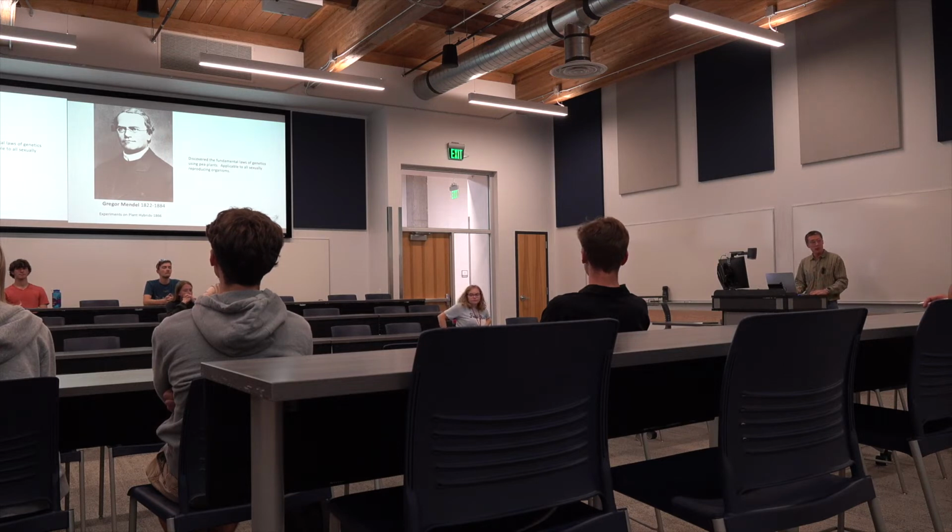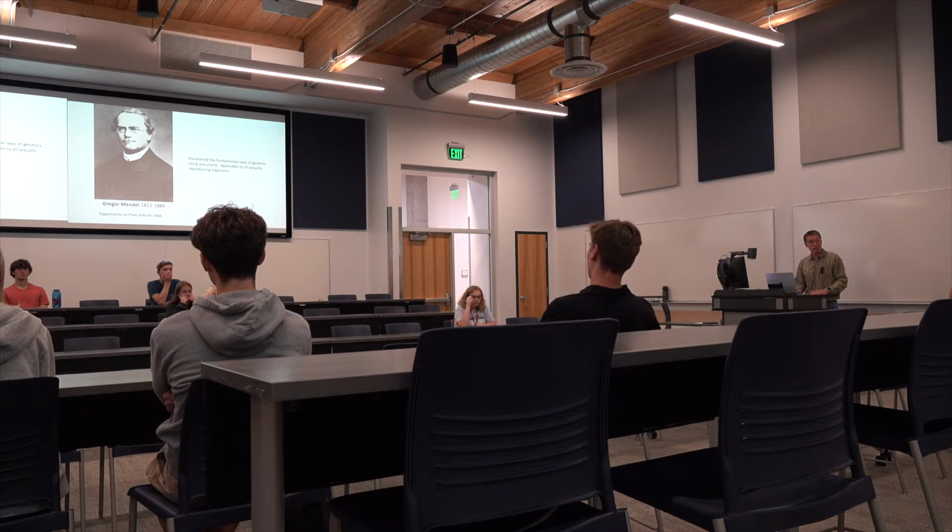This is Gregor Mendel. He was alive between 1822 and 1884. He discovered the fundamental laws of genetics using pea plants. His laws are applicable to all sexually reproducing organisms. His main paper was Experiments on Plant Hybrids in 1866.